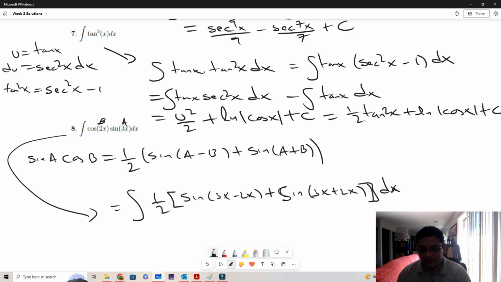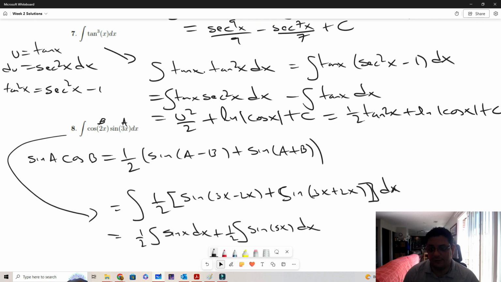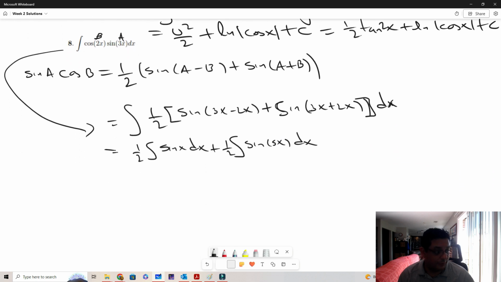And then of course I can simplify this. This is 1/2 the integral of sine of x dx plus 1/2 of the integral of sine of 5x dx. And so I simplify this integral of a multiplication into the sum of two different integrals.